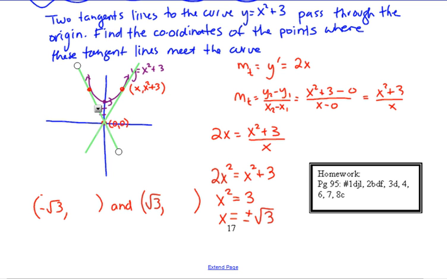The actual equation: negative root 3 squared is 3, plus 3, 6. Positive root 3 squared is 3, plus 3 is 6. So we always plug it into the original equation to get the y value. The derivative gives us our slope, not the y value of our line.